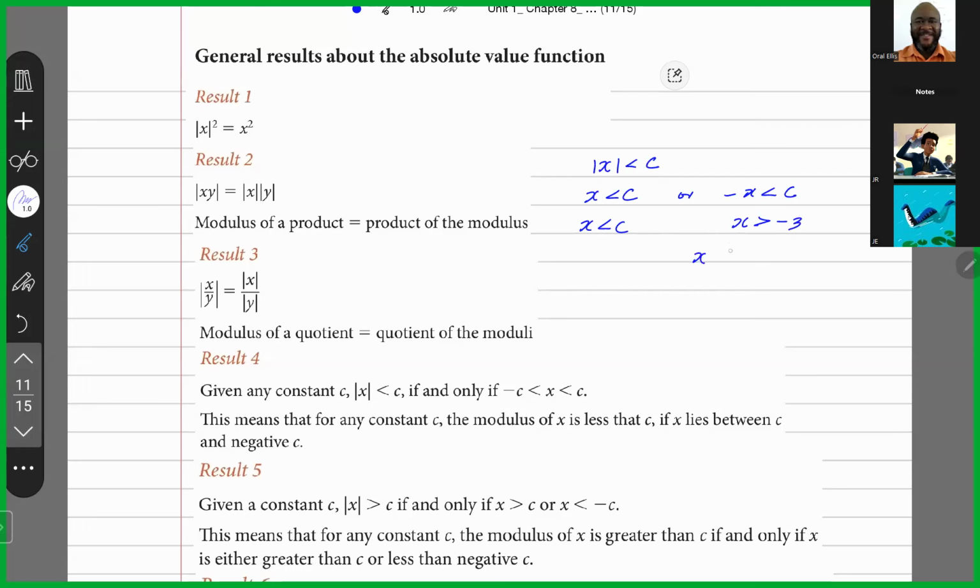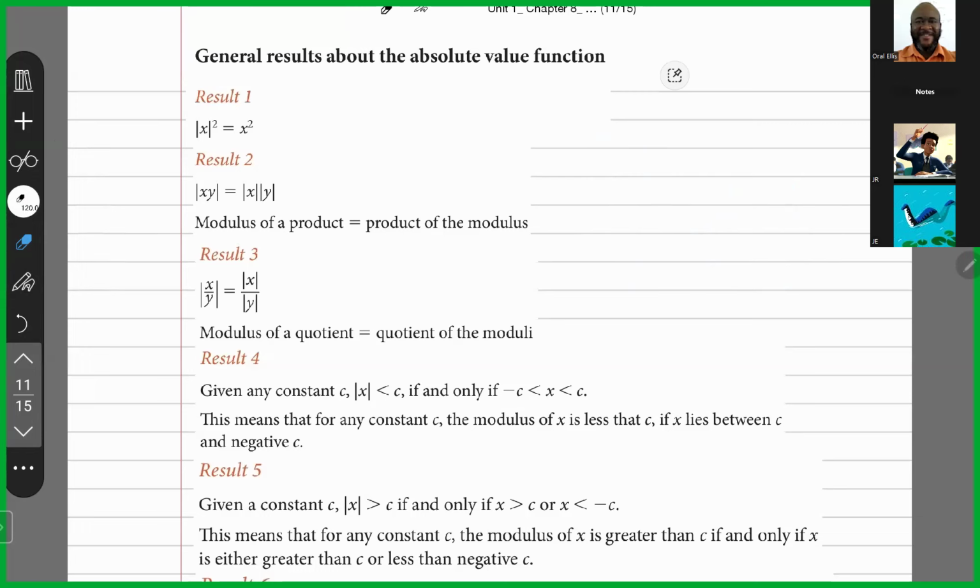So x is less than c, and at the same time x is greater than minus c. In other words, the mod of x is less than c if and only if x is less than c and greater than minus c. As I said, some of these results you need to be able to derive for yourself.